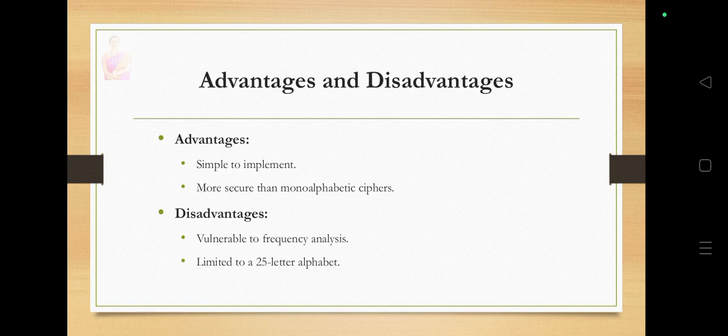It is vulnerable to frequency analysis. Why? Because we have only a 25 letter alphabetic matrix. Keep it in mind, I am not talking about the entire alphabet, because I and J belong to the same box. So we will have a 5 by 5 matrix. That's why we call it a 25 letter alphabetic matrix.